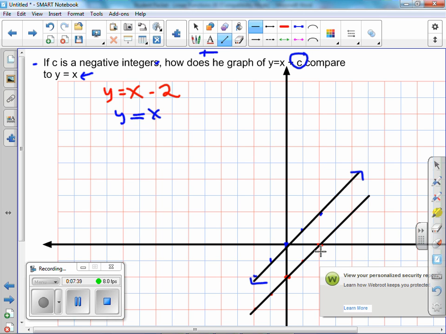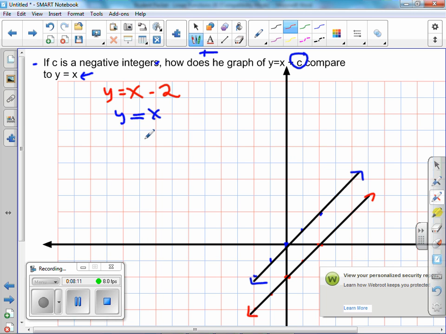So how did it compare? What happened to the lines? I'll give you a chance to think about it. Write it down as you do the review. What happened to the line? Hopefully you've written down that the y equals x minus 2 line shifted downward from the origin.